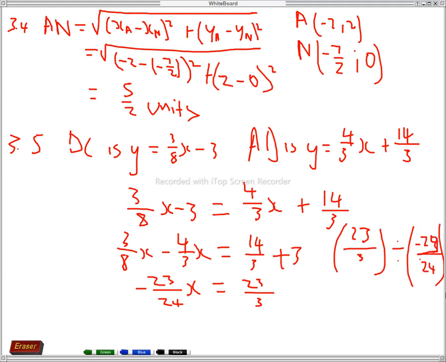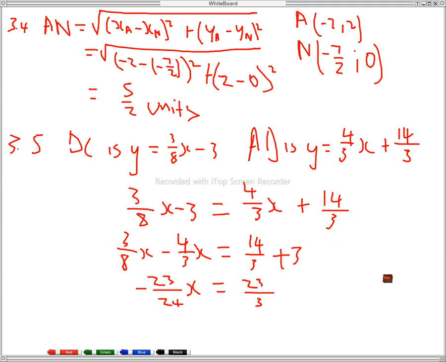Punch it on your calculator like this, because if you do it the long way, it might be a problem. So you just do as I show you there. So let's punch 23 over 3 divided by the negative of 23 over 24.